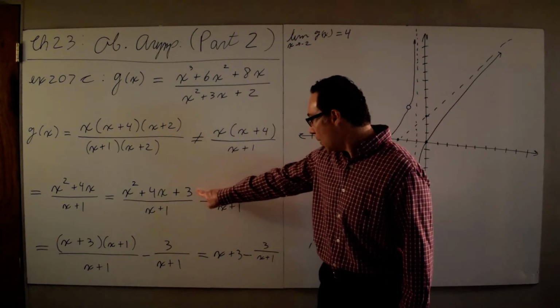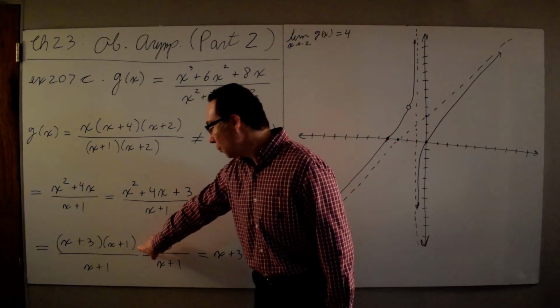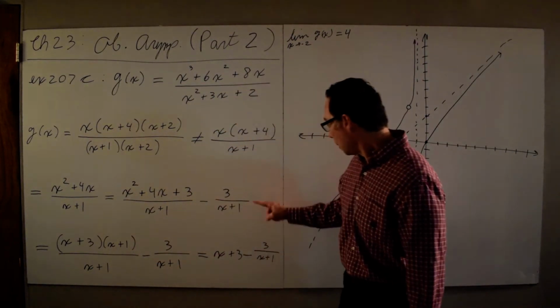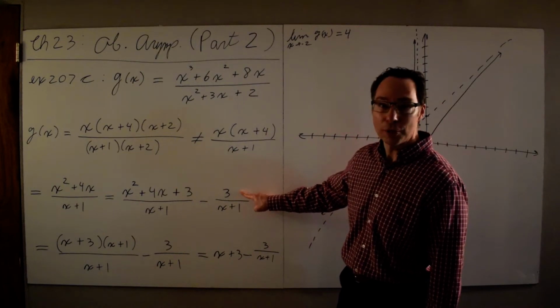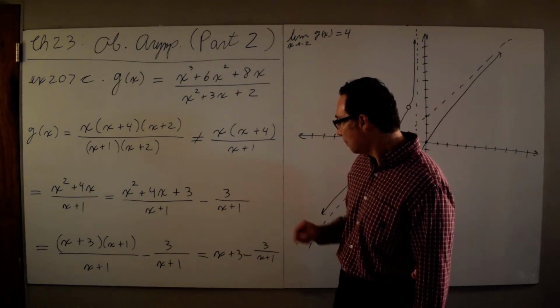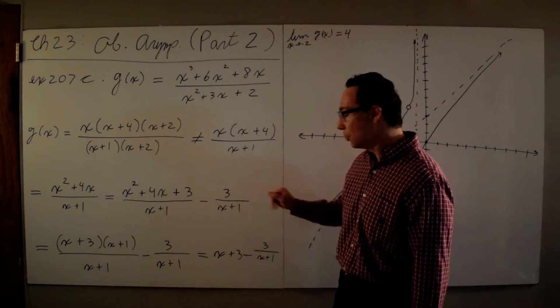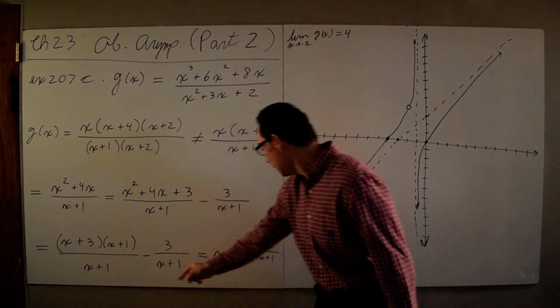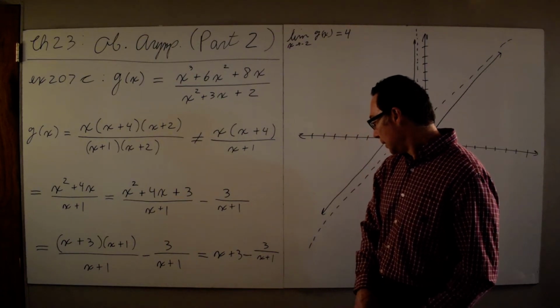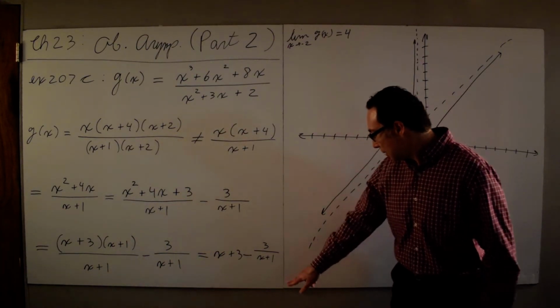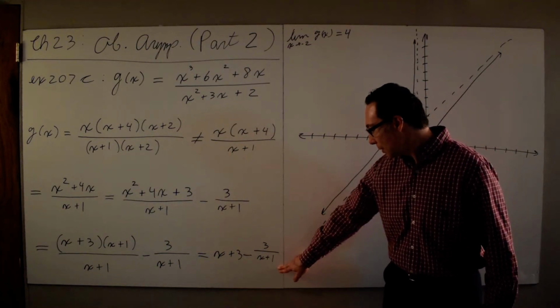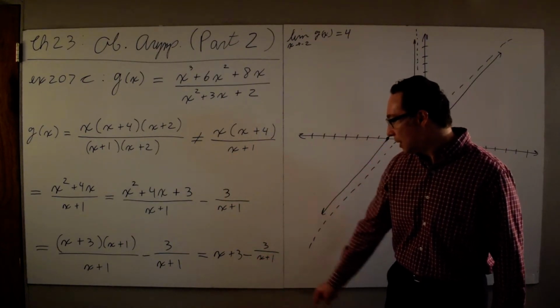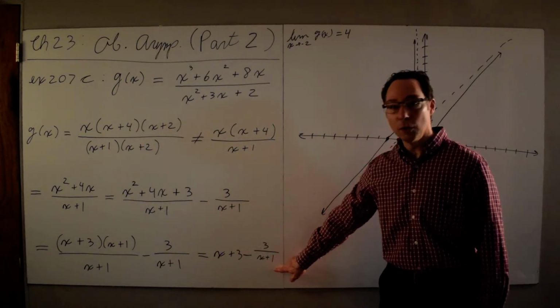So why did we want to add 3? Again, so we could factor this term. But we had to subtract 3, or add a -3, so we didn't change the function. So we rewrite the function this way. And this is equal to this because neither one of these functions is defined at -1.